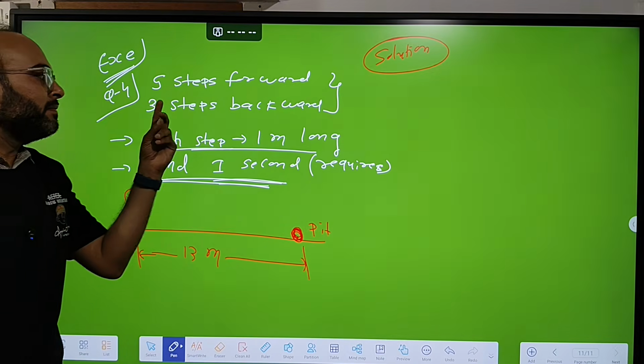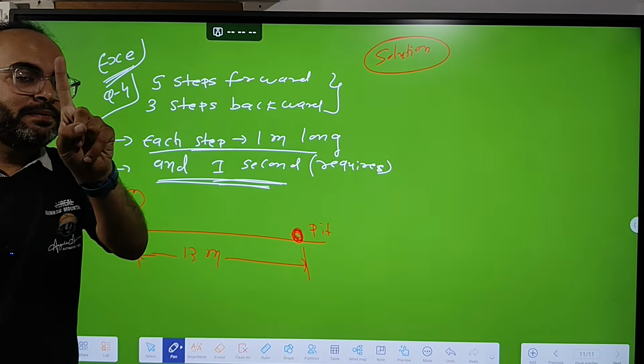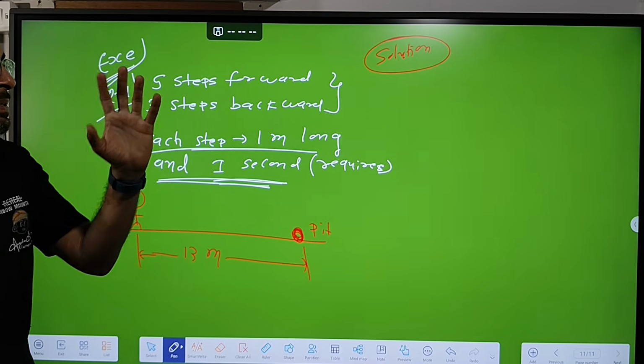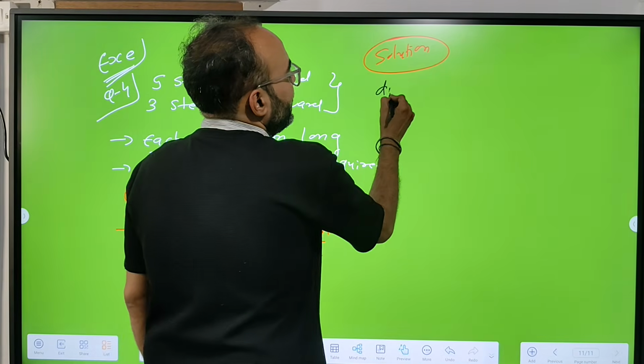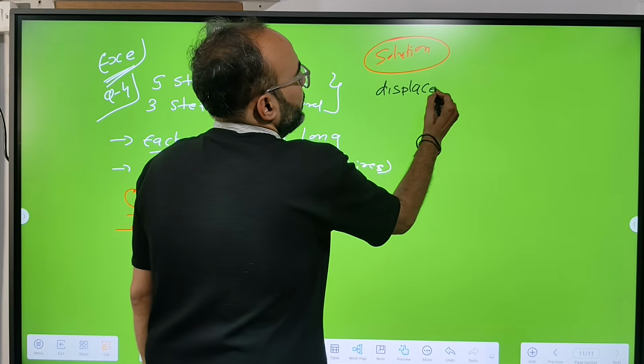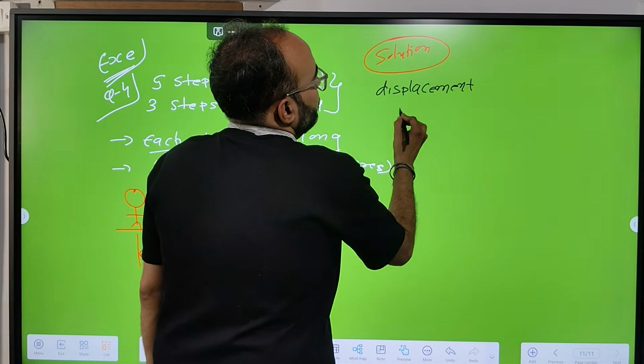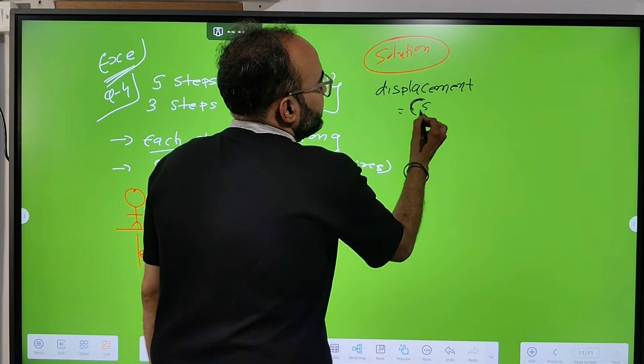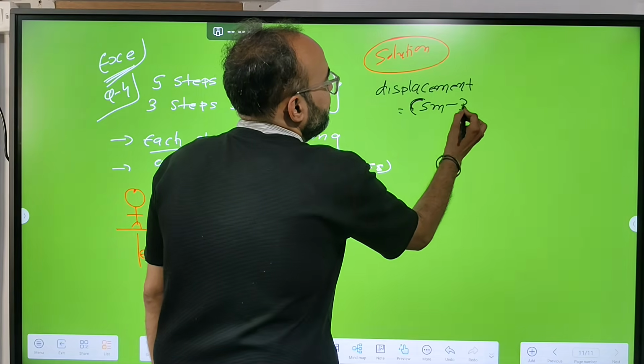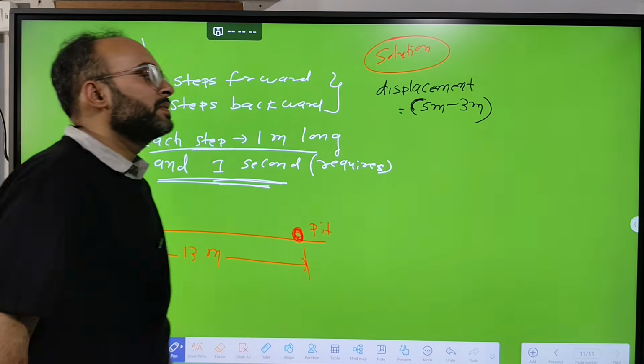चलो कैसे सोल्व करेंगे? 5 स्टेप फॉरवर्ड, each step requires 1 second, तो 5 स्टेप फॉरवर्ड मीन्स टोटल डिस्टेंस. फाइंड करना है डिस्प्लेसमेंट. 5 स्टेप फॉरवर्ड मीन्स 5 मीटर, then 3 step backward, so minus. Why do we subtract?